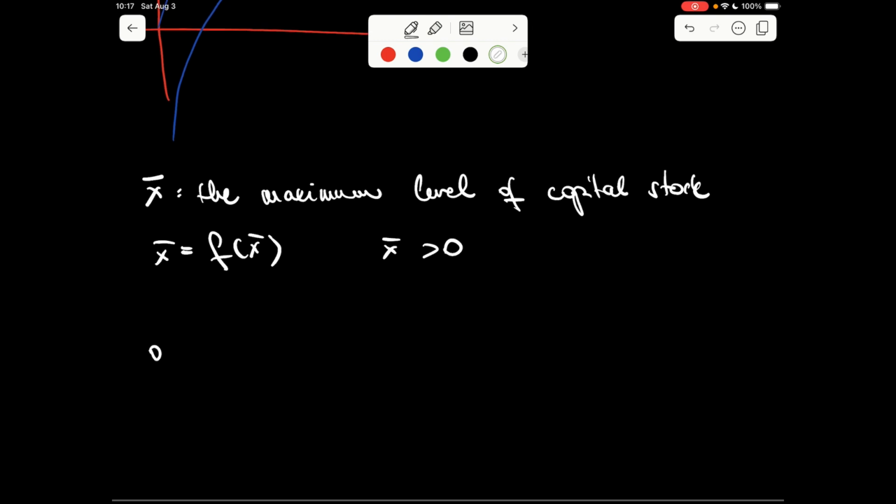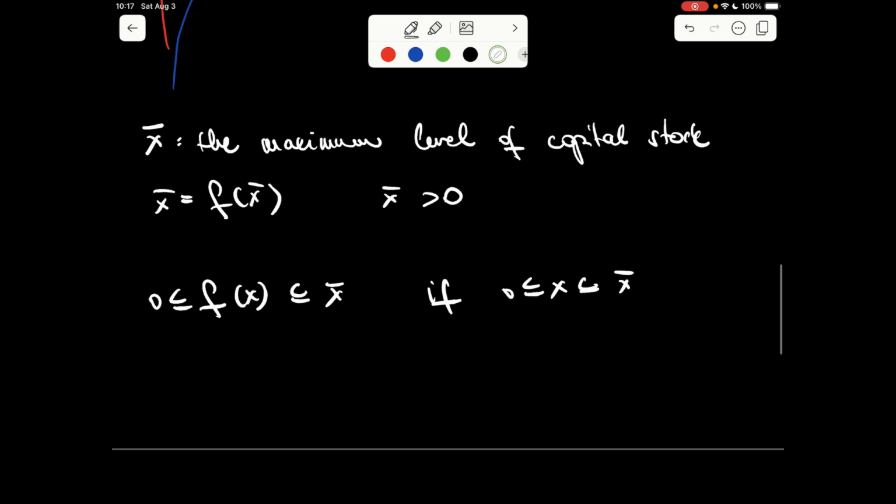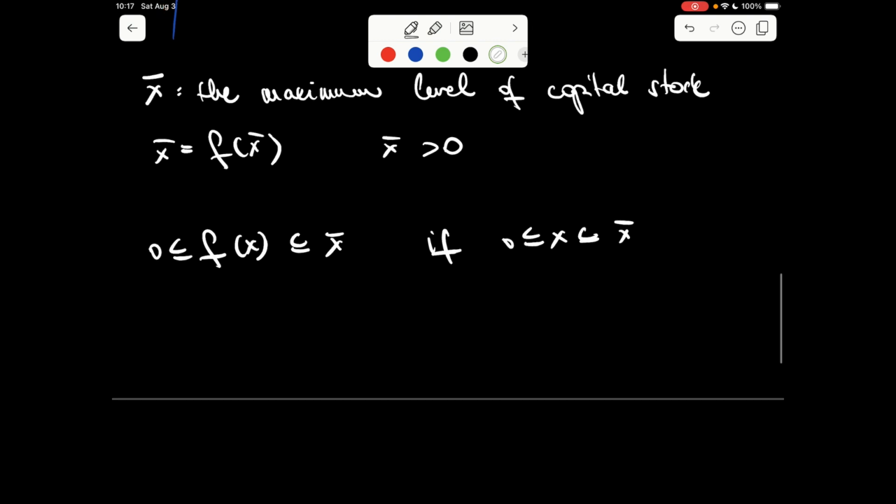If the capital stock is lower than, well, in general we can say that if the capital stock is lower than or equal to this particular level called x upper bar, then production cannot be higher than this level.